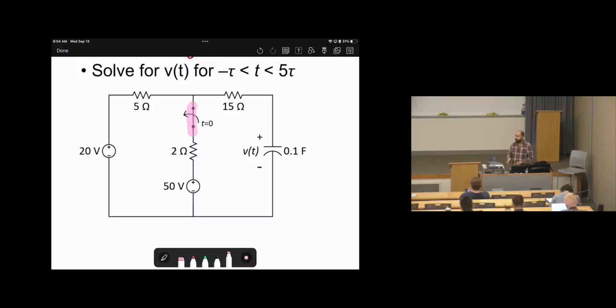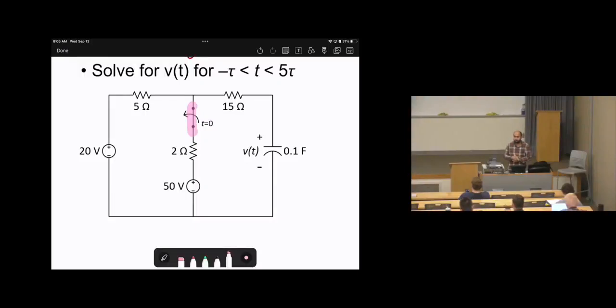Since there is a switch, this problem is definitely a transient. That's how we recognize it. When you see it anywhere, in exams, quizzes, or the book, you need to know the problem is a transient problem by looking at the switch. If there is a switch, then the problem is transient.